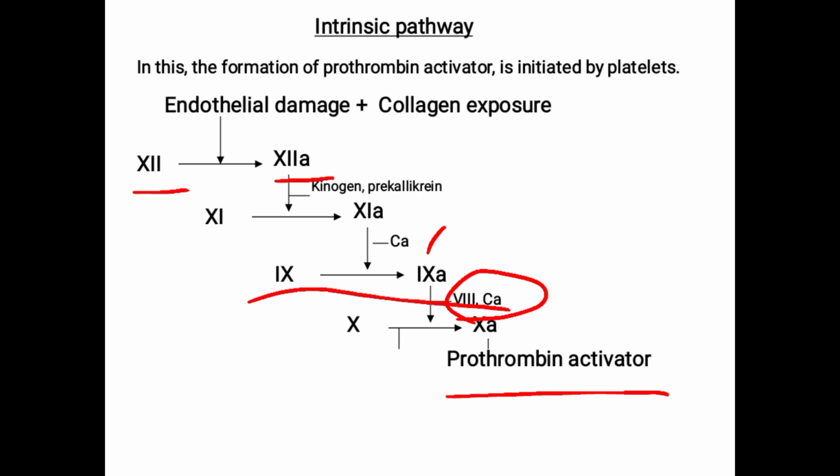Factor 11 activates factor 9 in presence of calcium. Factor 9 activates factor 10 in presence of factor 8 and calcium. Then prothrombin activator is formed, also in presence of phospholipids and calcium. So collagen releases the platelets, and platelets release the phospholipids that activate the prothrombin activator.